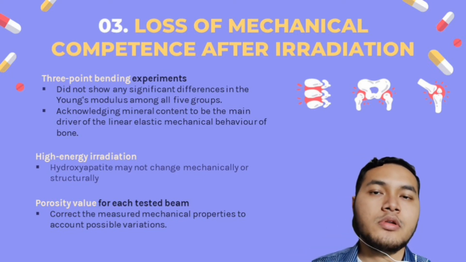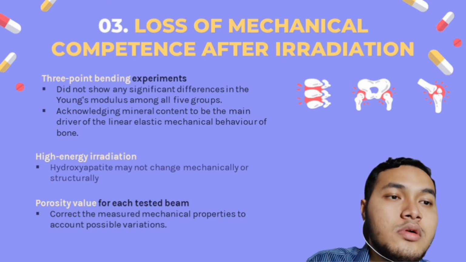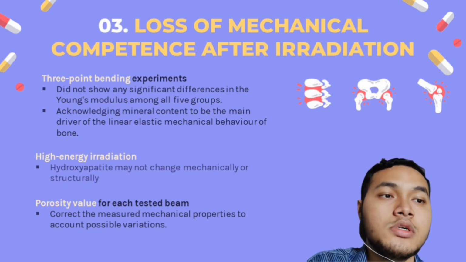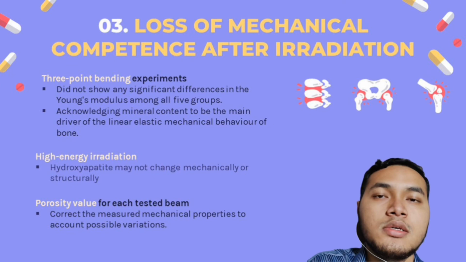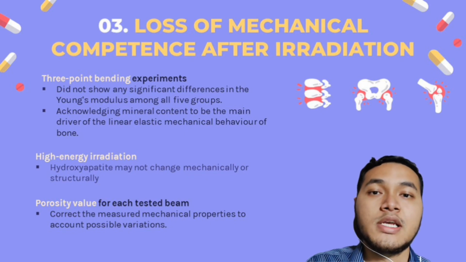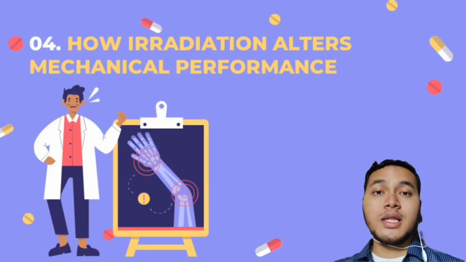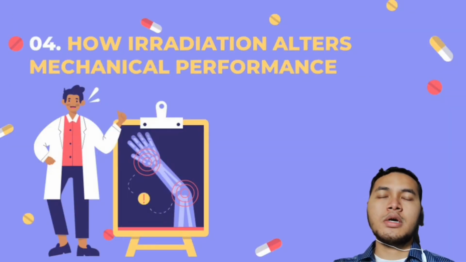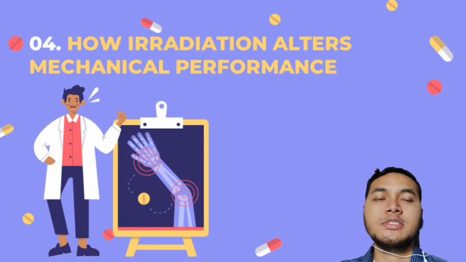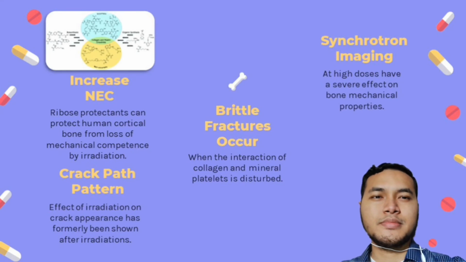The obtained porosity value for each test beam was used to correct the measured mechanical properties to account for possible variations. Now, let's figure out how irradiation alters mechanical performance, which is in 4.4.